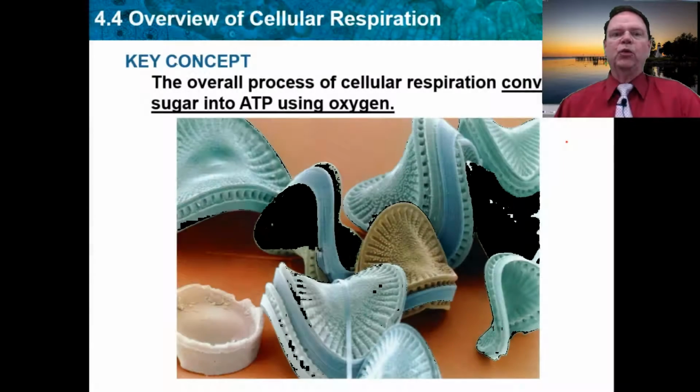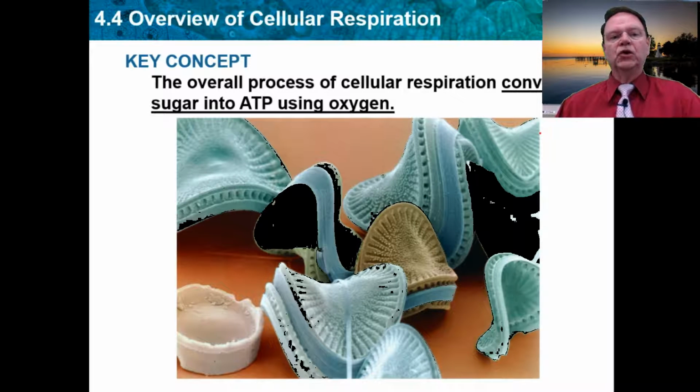Well, welcome back. We've been looking at energy transformations here in biology, and recently we looked at photosynthesis, which takes sunlight and converts that into sugar. Well, what happens to that sugar once it leaves the chloroplasts that are in the palisade mesophyll of the leaves? Where does it go?